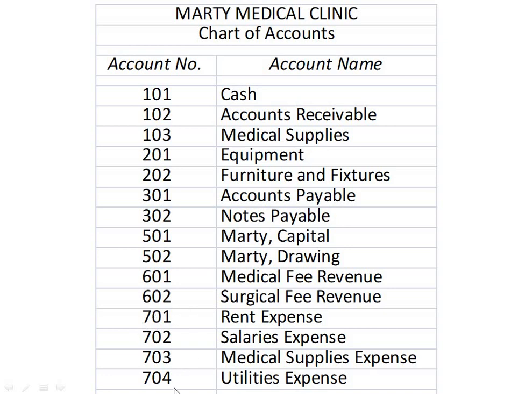Of course, in real life, entities design or tailor their chart of accounts to the operations and nature of the organization and assign account numbers or account codes as they deem appropriate. Account codes can actually be numeric, alpha, meaning letters of the alphabet, or alphanumeric, that is, combination of numbers and letters.